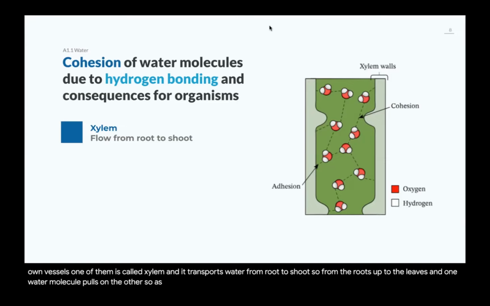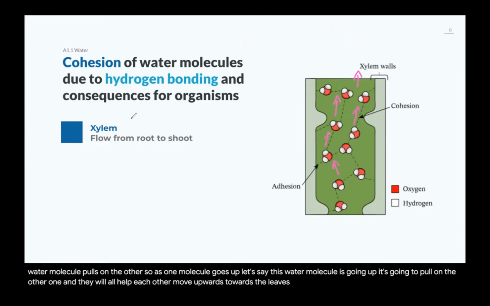As one molecule goes up, it's going to pull on the other one, and they will all help each other move upwards towards the leaves due to cohesion, right?